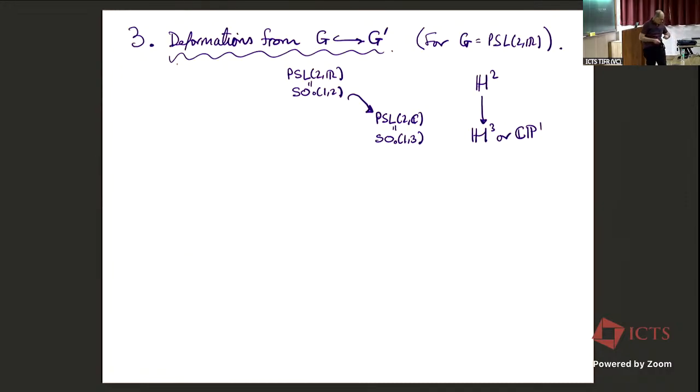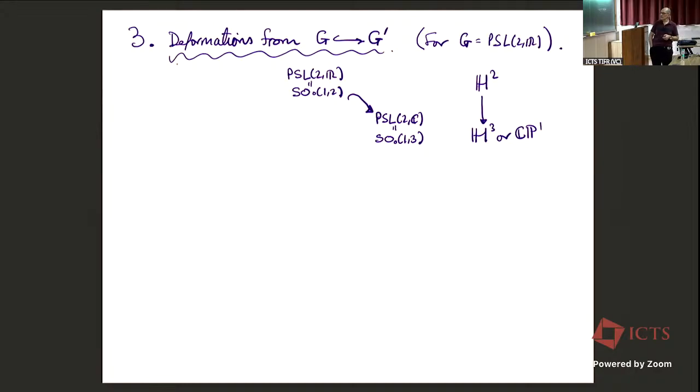Okay, so if we look now at what happens if you embed your group in a larger group, taking as our prototype the embedding of SL2R in SL2C. I'll just point out that these groups, SL2R and SL2C, are isogenous to these groups, SO(1,2) and SO(1,3).